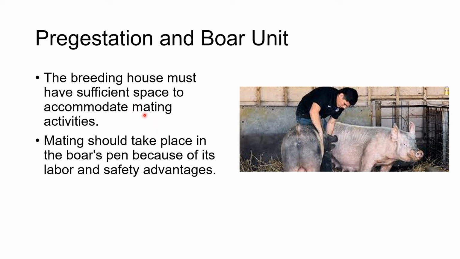To accommodate yung mating activity na tinatawag. So, kailangan medyo malawak yung pen nila. Medyo malawak yung mga cages para kahit na aggressive yung boar, kahit na takbo-takbo sila doon sa loob ng cage.